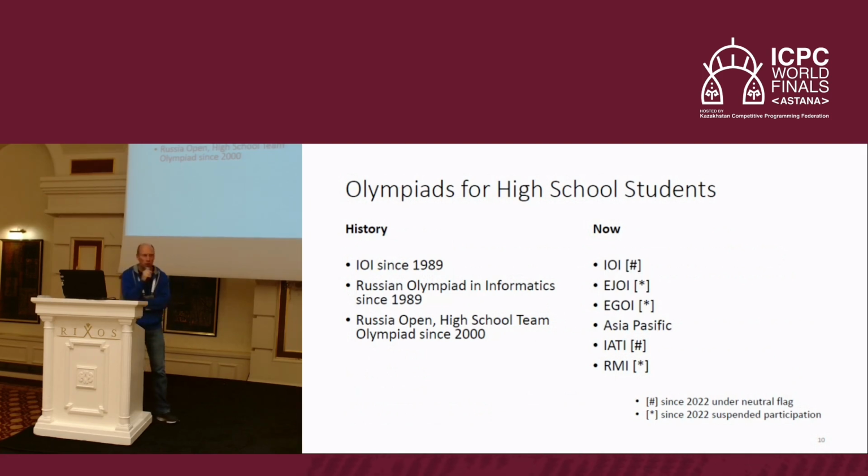We also have a team contest for high school students, which started in 2000, and I have been the chief judge of that since then. We also have many opportunities for the students. These marks are given for Russian students, but of course for your students there may be no such limits. There's IOI, and now we also have the European Junior Olympiad for younger students.